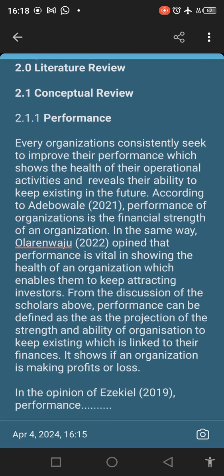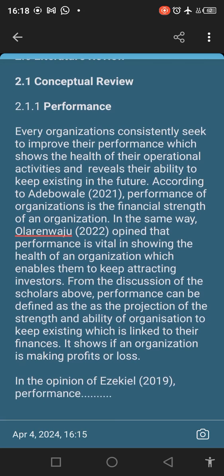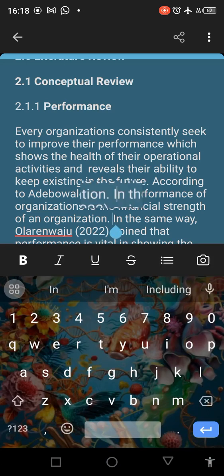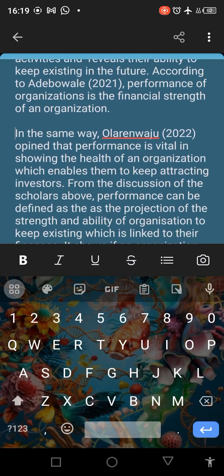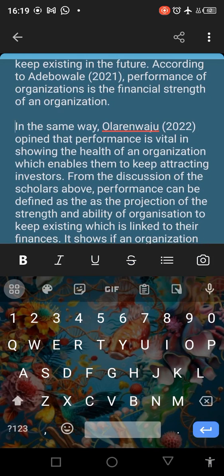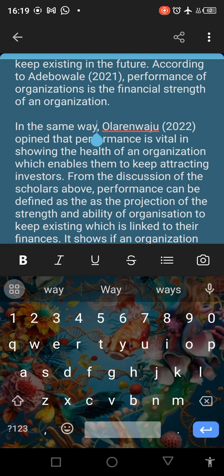On the contrary, if what Adebowale said is different from what Olarewaju said, for instance, after what Adebowale said, I might write what I understand here, and then I might want to bring in contrast that this is what Olarewaju said.